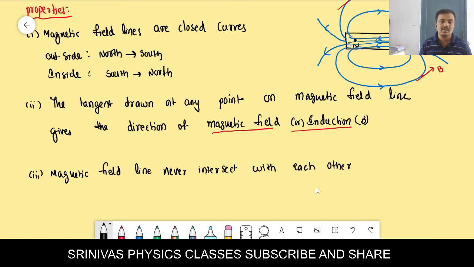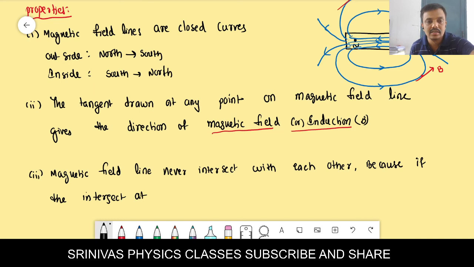What is the reason? For example, if they intersect, at the point of intersection, the field should have two directions, but it is not possible.